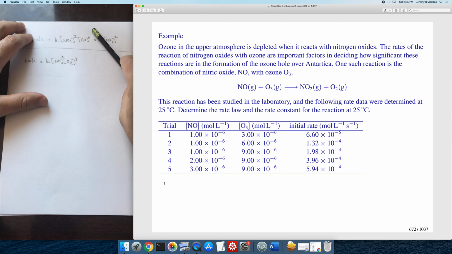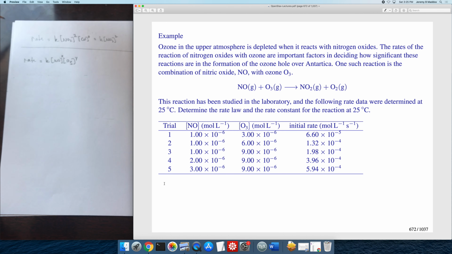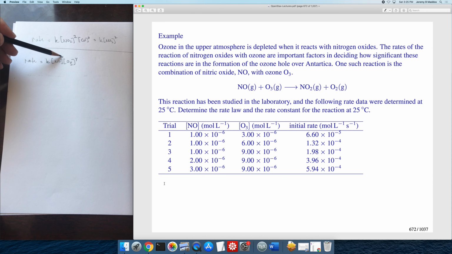Okay, so let's see if we can piece through this. Let's try to calculate x. So we need two experiments where the nitrogen monoxide concentration is changing, but the ozone concentration is not. All right, you wouldn't compare 1 and 2 or 1 and 3. You might compare 1 and 4.